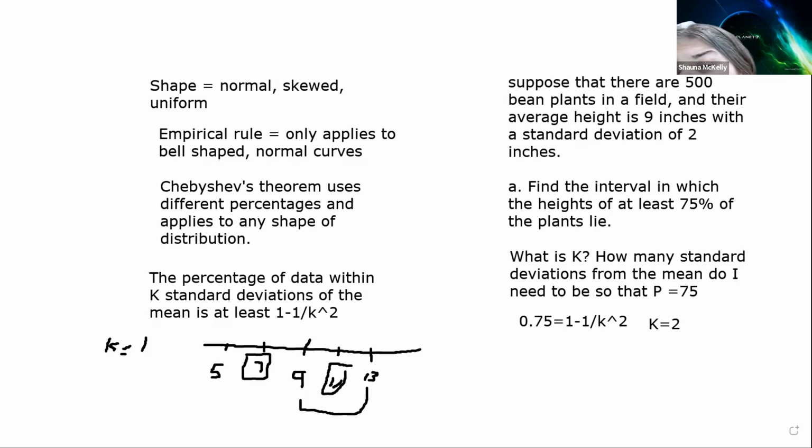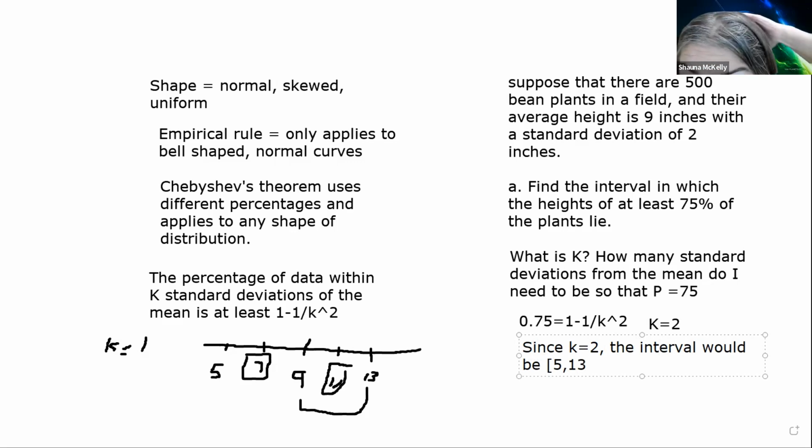So the answer here to find the interval in which the heights of at least 75% of the plants lie, since K is 2, the interval would be the interval from 5, and different books will show this different ways, but I'm going to show this with interval notation between 5 and 13. Okay, do you have questions about this?